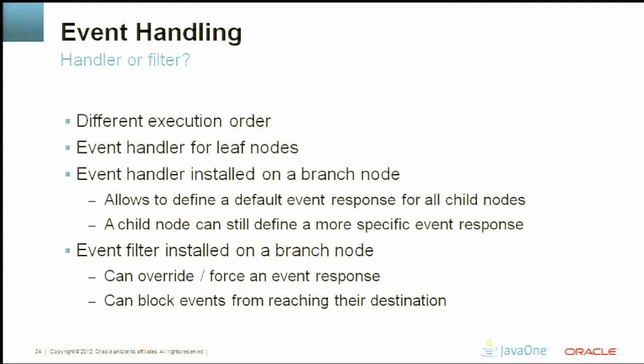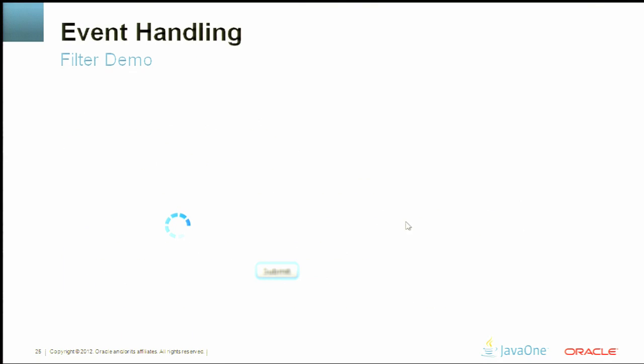I'd like to talk to you about when to use handler and when to use filter. On a leaf node, you will mostly always want to use handler. But on a branch node, it depends on what you want to achieve. If you want to provide some default response, you add a handler there, and if you want to prevent the event from reaching the child, you put a filter there. I have a really simple example here.